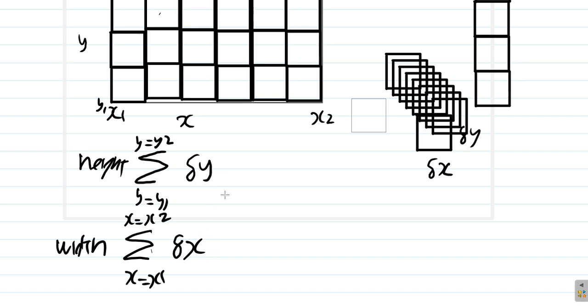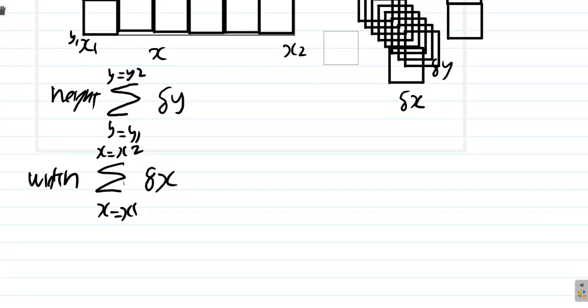Now the thing is, we're adding up from y1 to y2 of delta y, that's the height, and from x1 to x2 of delta x, that's the width.